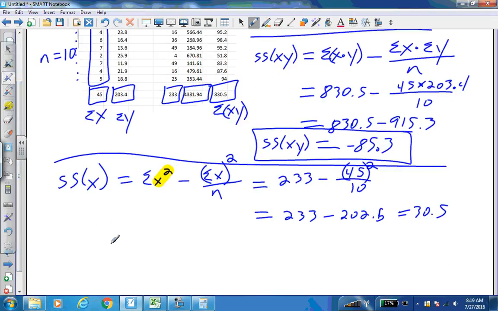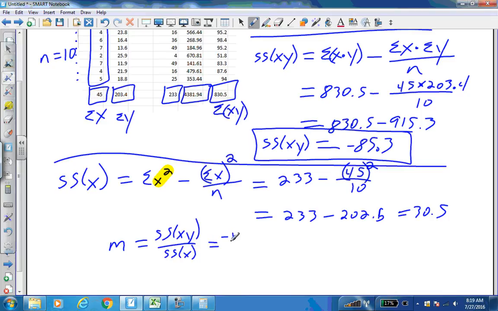So if we want our slope, which in the book they use y notation instead of m and b notation. Generally in math we use m for the slope, so for our slope, it's the sum of the squares of xy over the sum of the squares of x.